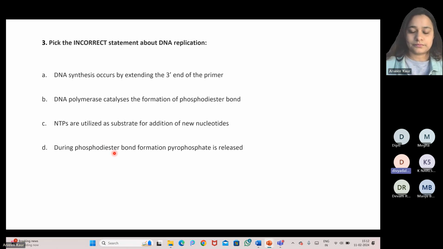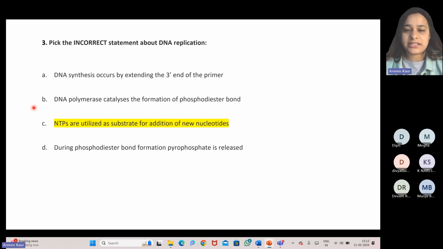Okay. Answer C, ma'am. Answer C is actually the correct one. Yeah. So this is the incorrect statement that is being said about DNA replication, right? Instead of this, what would have been the correct statement? The correct statement would have been that dNTPs are utilized as substrates for addition of new nucleotides, right? So what is missing over here? The deoxy part, right?